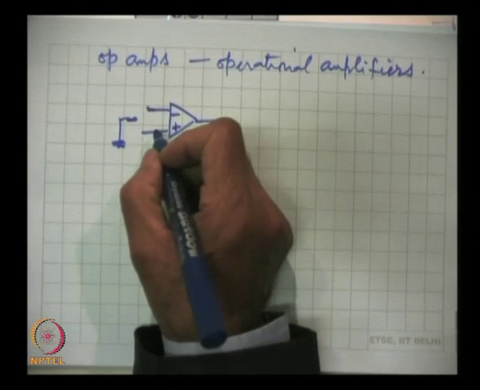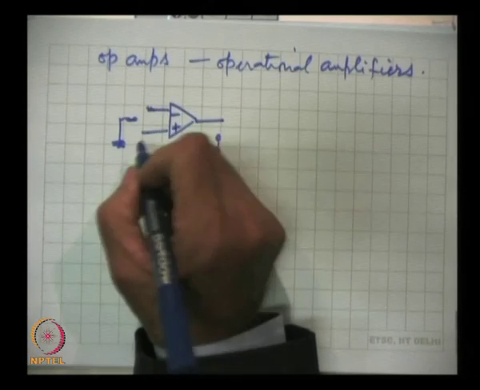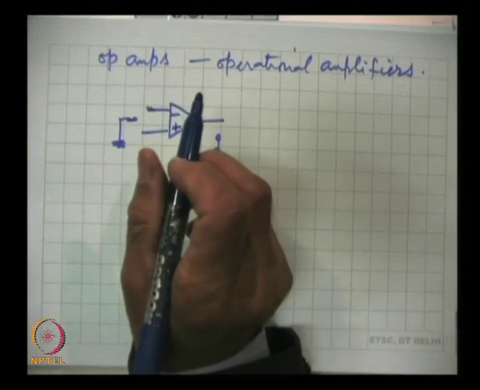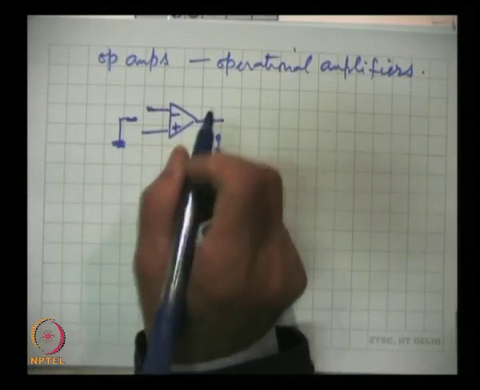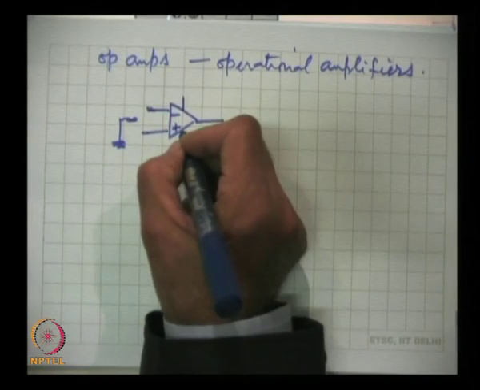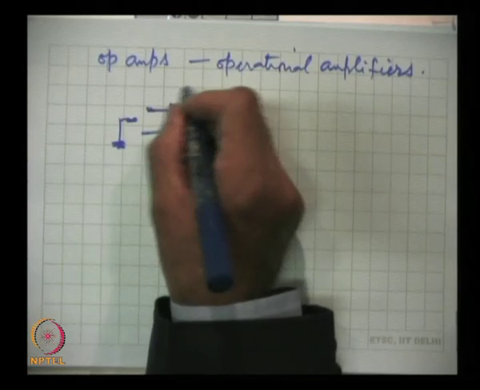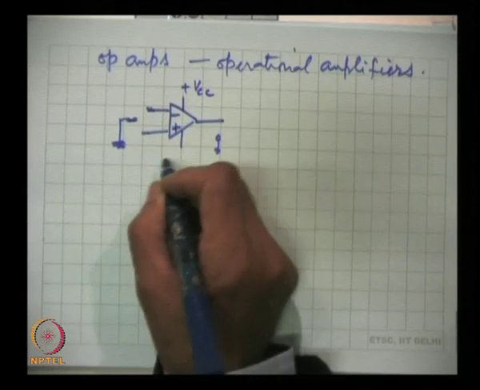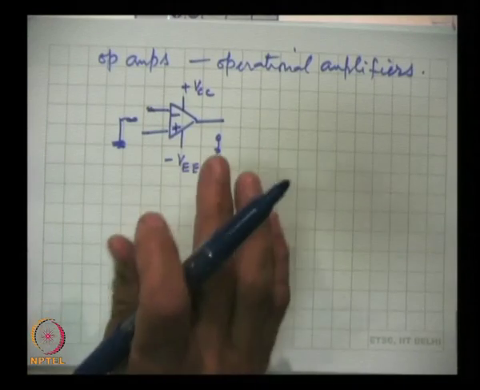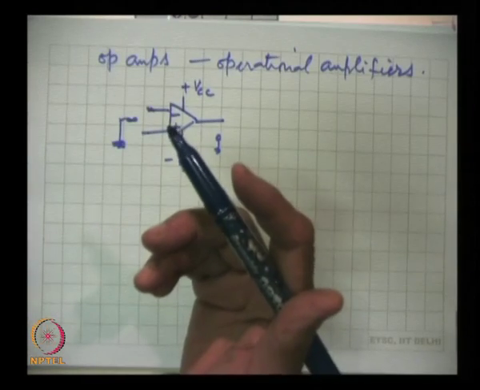There are two inputs, and if signals are given at both inputs, then the difference of the two will be amplified. This is a very important system, the operational amplifier. The batteries are not shown here. It makes use of a split power supply, plus VCC and minus VEE, but as I said, they are implied, since without a DC bias no electronic circuit works.